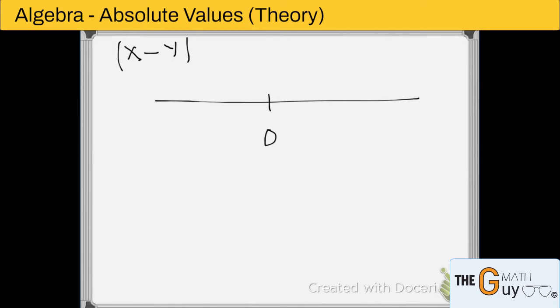Sure. So I'm just going to put x here, y here, just as a beginning, just to begin the problem. And absolute value of x minus y is nothing but the distance between x and y. So that, my friends, is a nice little trick to start your absolute value problems.